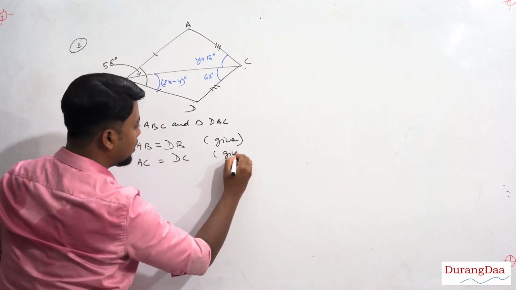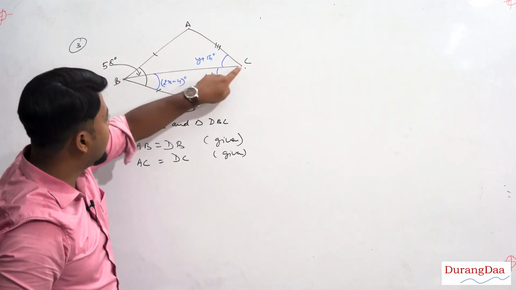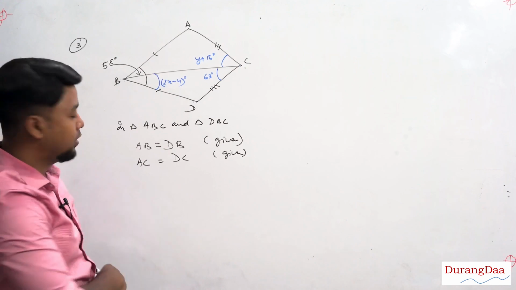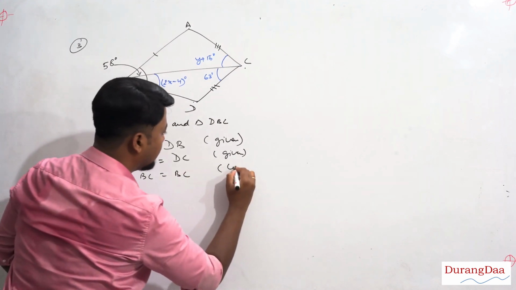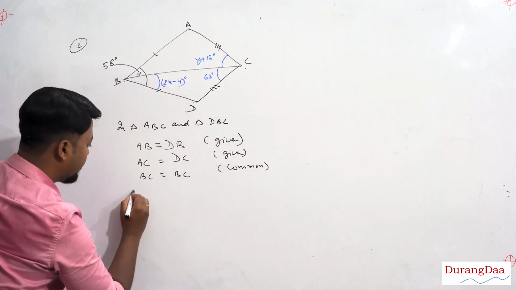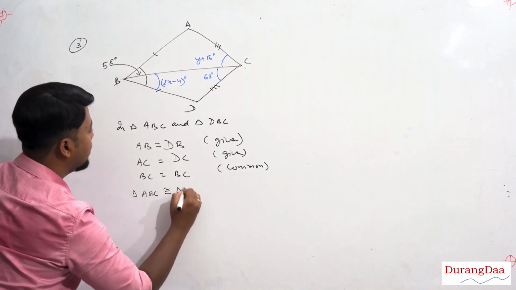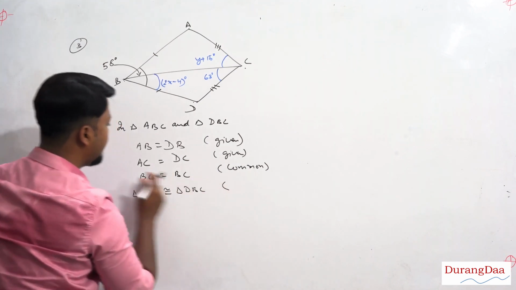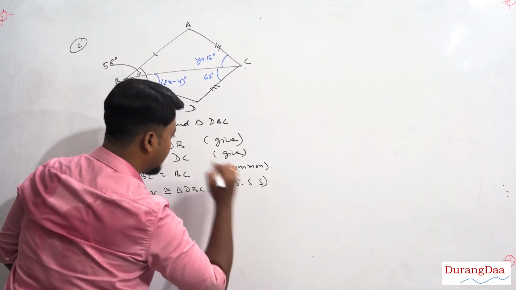This is also given. Third part, if you look carefully, BC is a line common to both the triangles. That means BC equals BC. It is common. So easily we have proved both the triangles congruent. Triangle ABC is congruent to triangle DBC. Reason would be side, side, side.